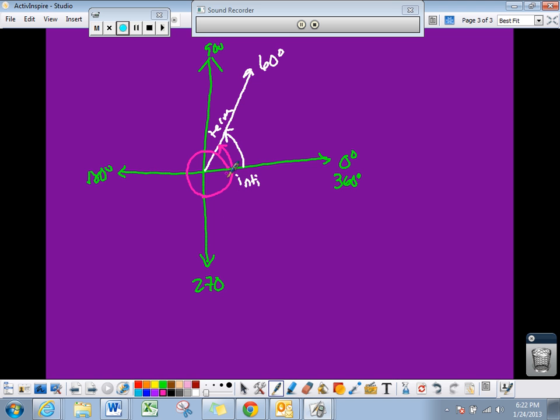So if we add that, I went all the way around, so that's 360 plus 60, which gives me 420 degrees. So this is not only 60, but it's also 420 degrees because I went all the way around and stopped there. But notice, same initial, same terminal. So we call these coterminal angles.